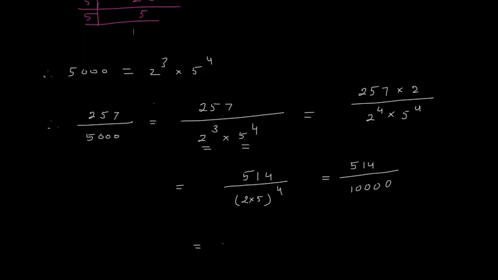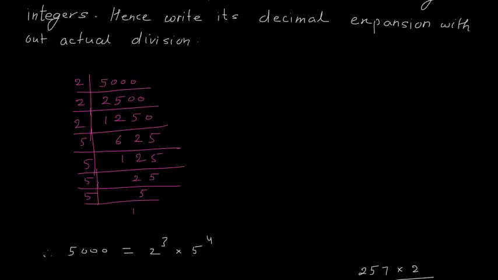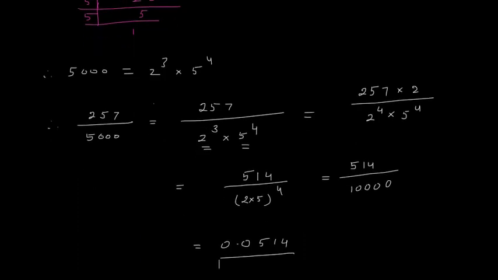So this will become 0.0514. This is how without actual division we can find the value of 257 upon 5000. Is it clear to you all? You must understand how to divide by 10, 100, 1000, 10,000 like that.